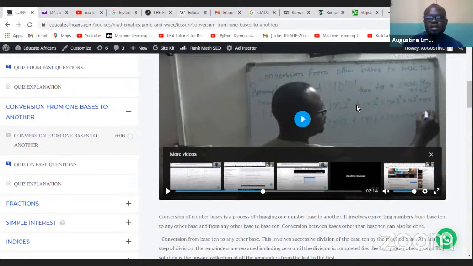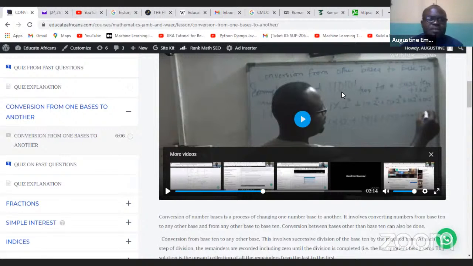Then you put plus. Then you go to the next number, which is 1 again. Since 1 is the next number, we multiply by the base again, and we already know that the base is 2. The exponent is the numbers that are in front, 4 numbers.